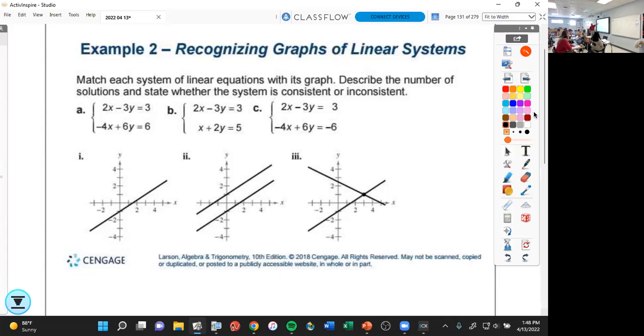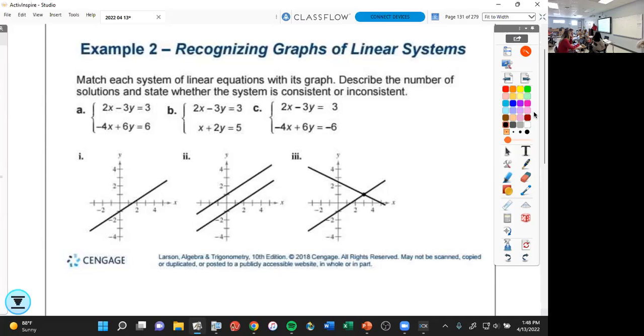They're the same line, but one is negative, one is positive. So if I took this system and multiplied it by 2, 4x minus 6y equals 6. This one's negative 4x plus 6y equals 6.